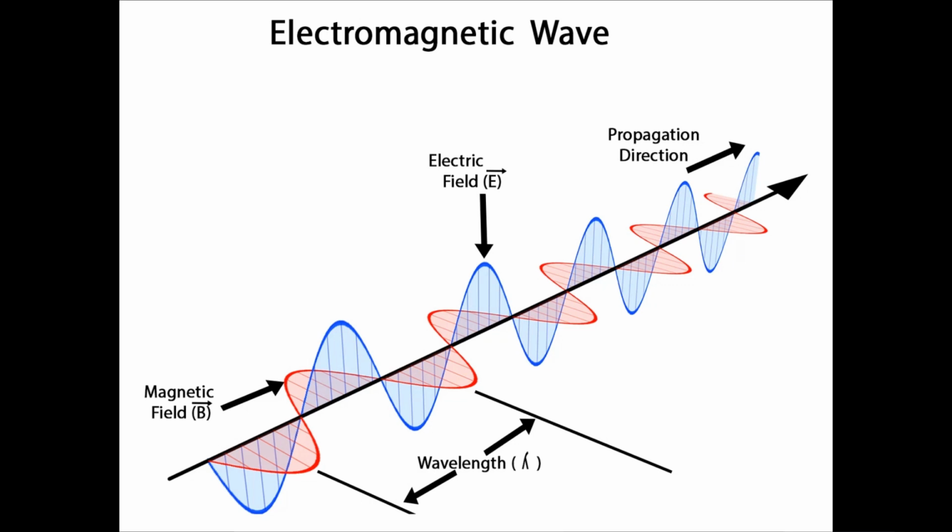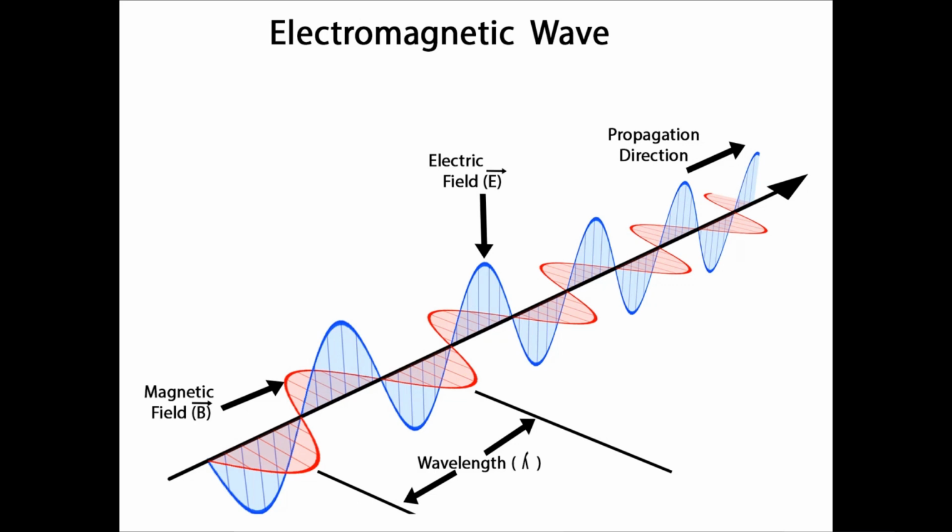You can see here, the length of one wave cycle, either from two troughs or from two crests, as you can see here, from here to here. It can be measured as the distance between successive wave crests or successive wave troughs, right? It is represented as lambda.